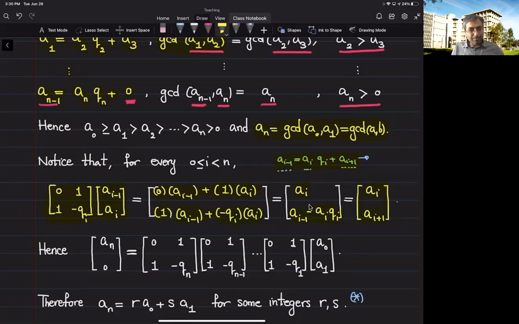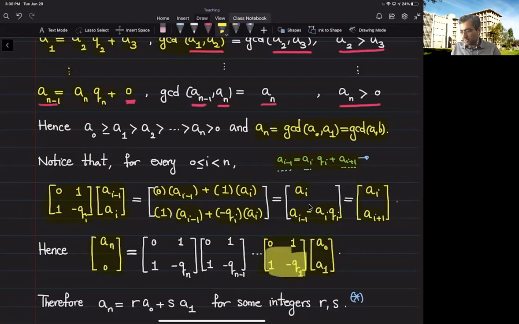Okay, so I can apply this for I equals 0, for I equals 1, and so on. Each time multiply by this matrix and shift the index till we reach the last index that we worked with, after applying n matrices. So when I multiply by this matrix, I start with the first pair, A sub 0, A sub 1.